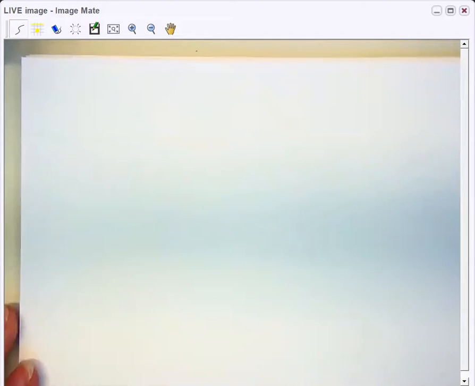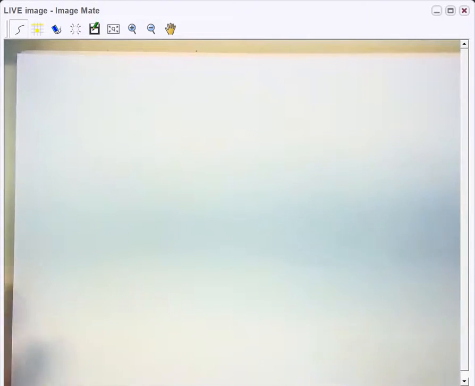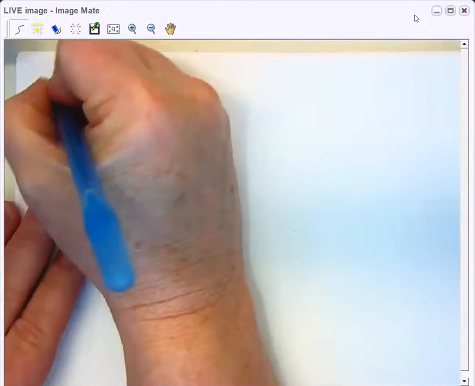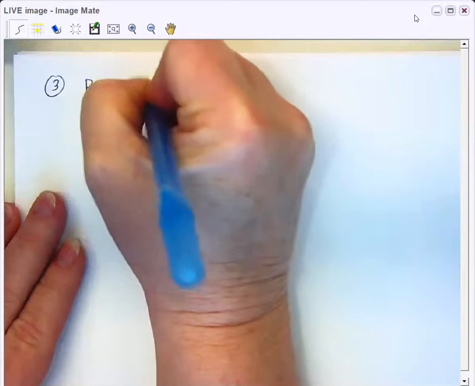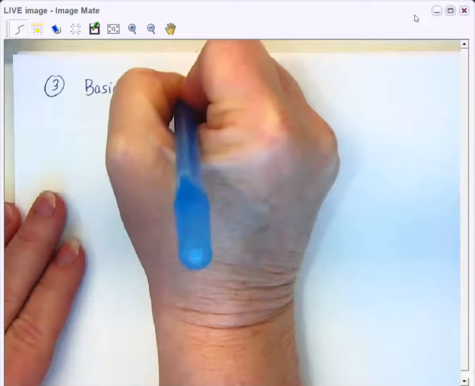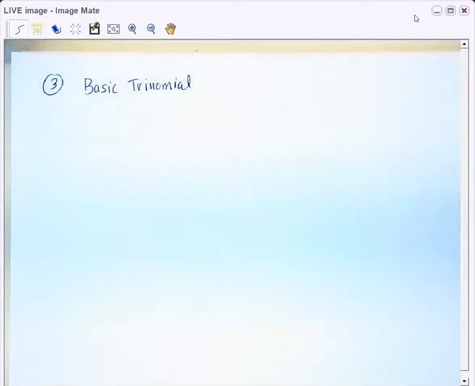Number 3 is what we're going to spend most of our time on today. Number 3 is what I call a basic trinomial. Let me show you what I mean by that.